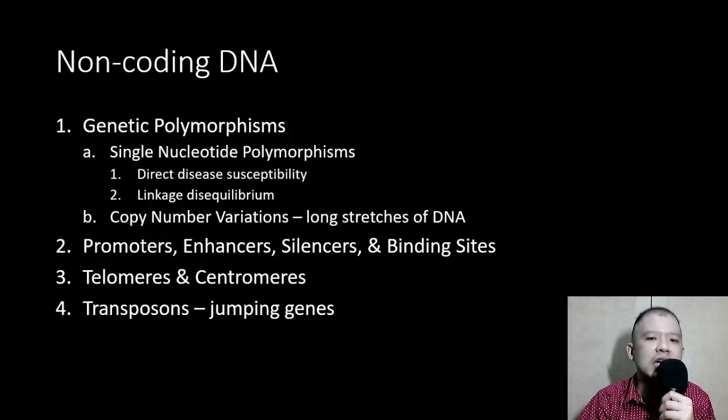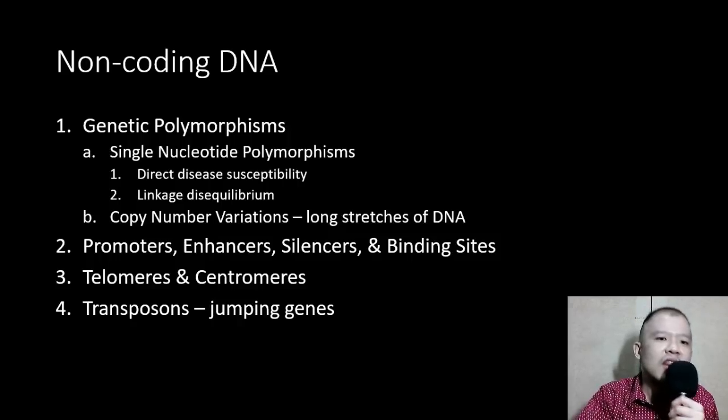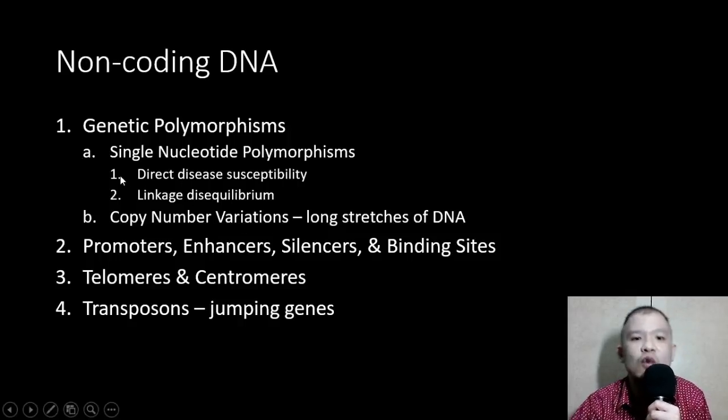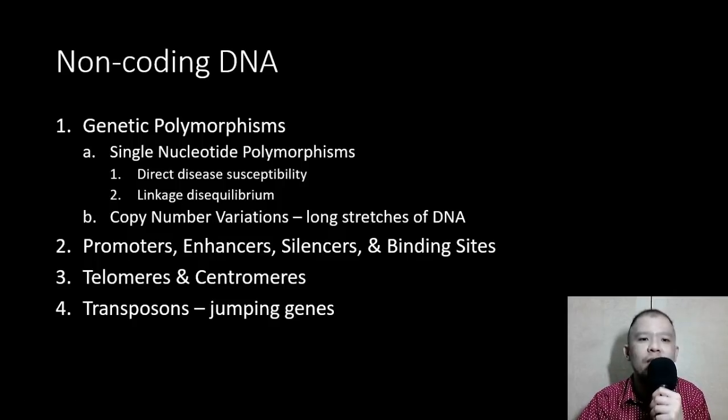That means it doesn't cause a disease by itself, but it can cause a disease if it is in close proximity with another SNP that is causing a disease. The concept that I just mentioned is what we call linkage disequilibrium. Kindly read that in the book.